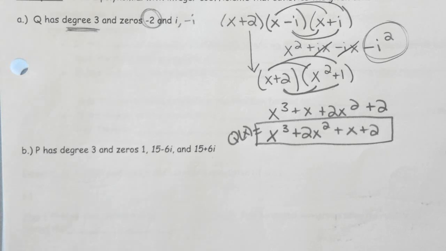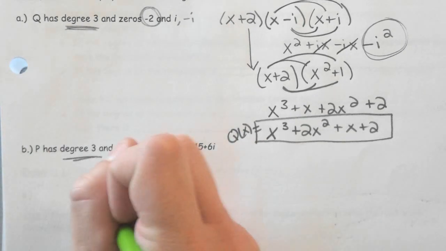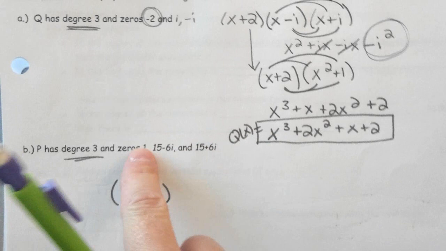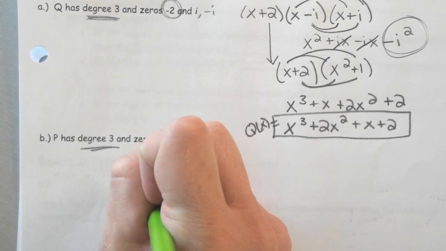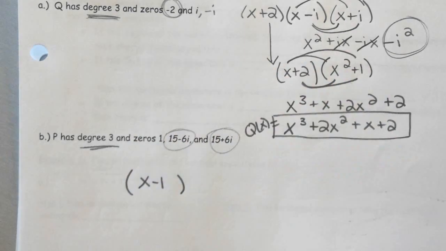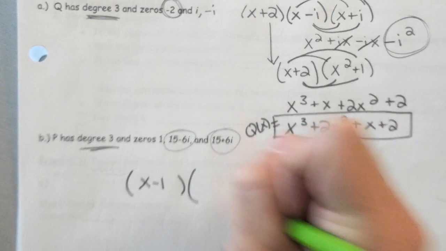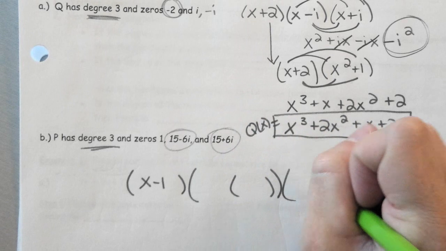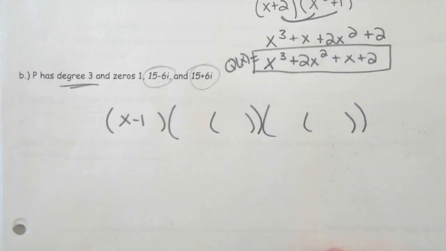Next one, we have another degree of 3. So how many parentheses should I have? 3. So the first parenthesis is going to house 1 as a 0. How would I do that? x minus 1. Now, do you see how this is like a whole thing? So I'm going to do bigger parentheses, and I like to go a parenthesis within a parenthesis. Somebody last hour said, can I do like brackets or other grouping symbols?